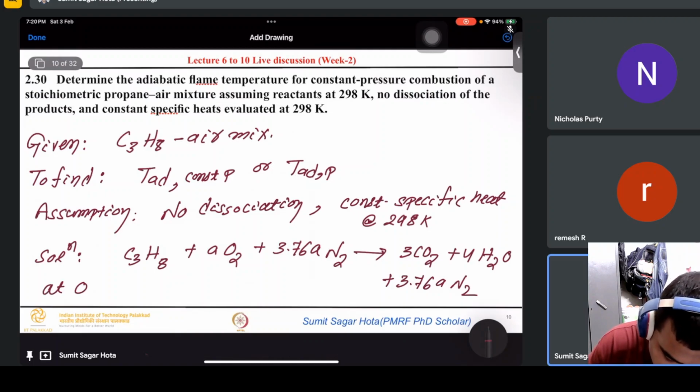We assume equivalence ratio equal to 1, and a is equal to x plus y by 4.